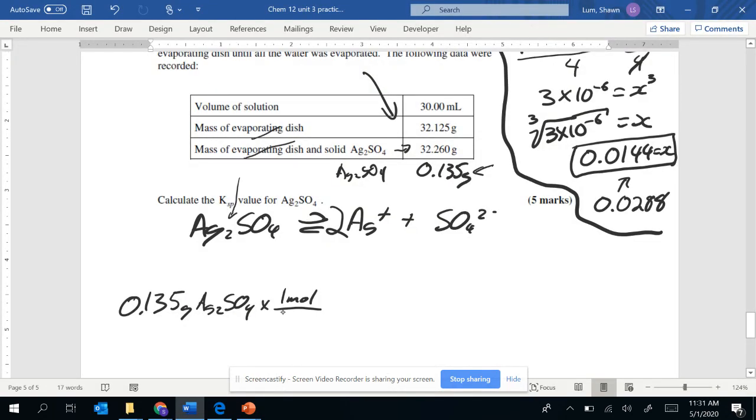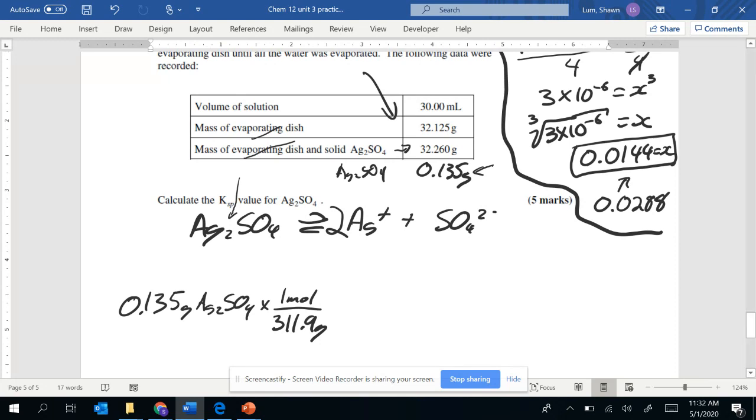Hopefully I didn't make a mistake. I made a mistake on one of the last ones, and one student pointed that out and let me know. So I'm going to do this again: 107.9 times 2 plus 32.1 plus 64 equals, hopefully that's right. Okay.